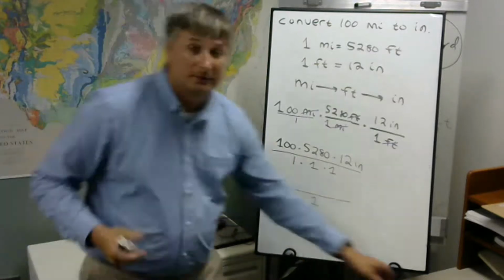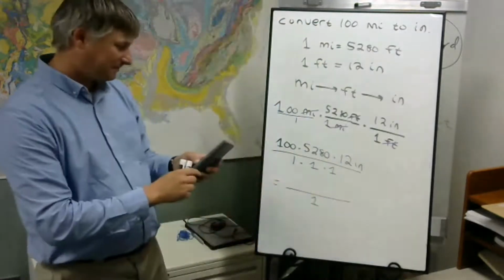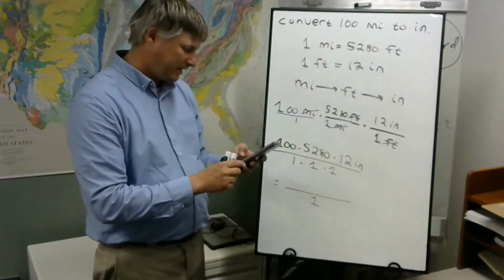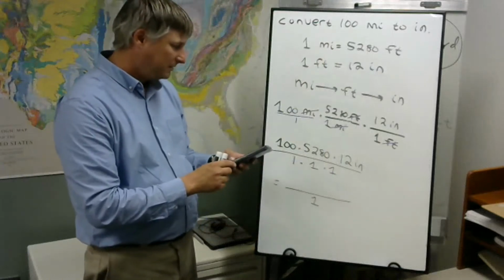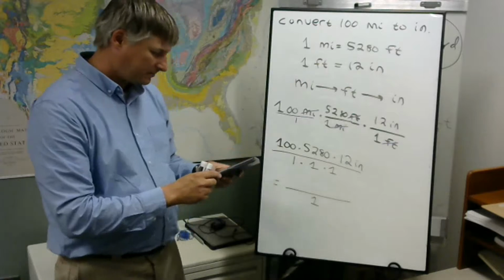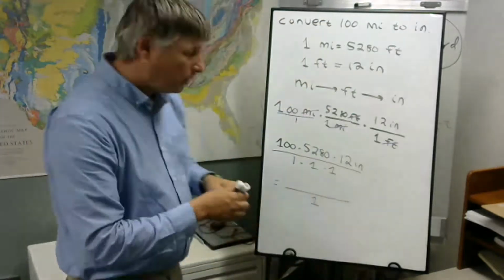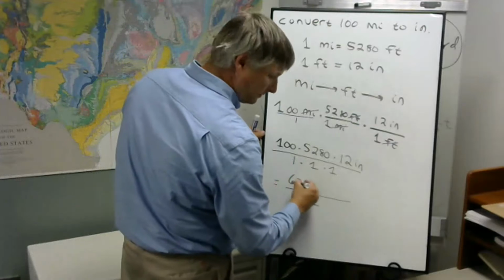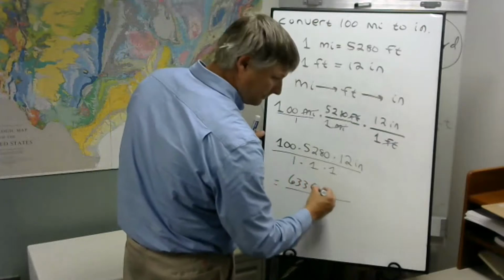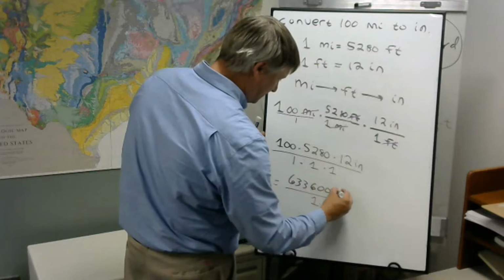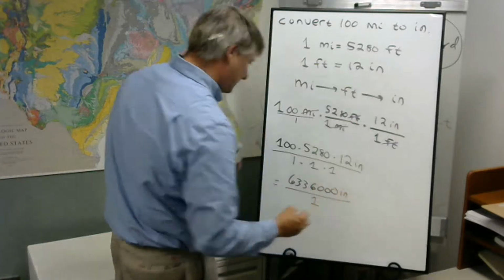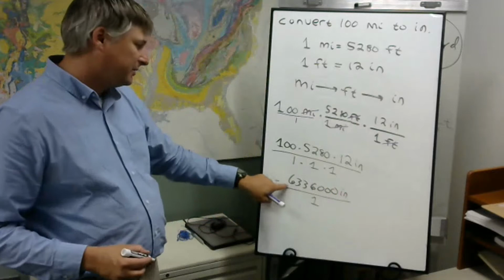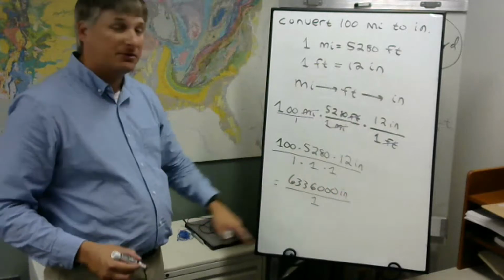And then up here, let's do that calculation. 100 times 5,280 times 12. And so what we get is 6,336,000 inches.